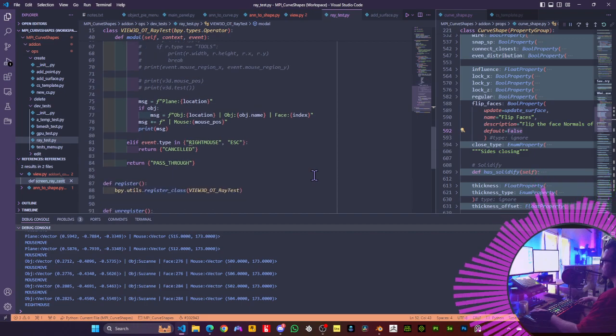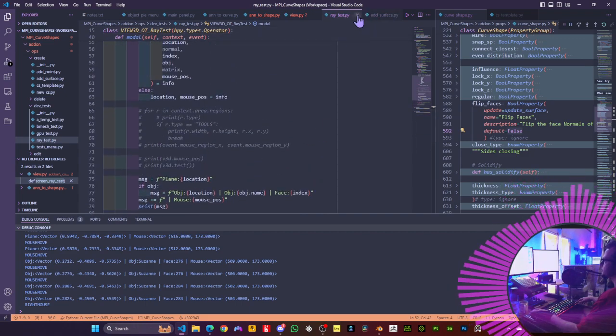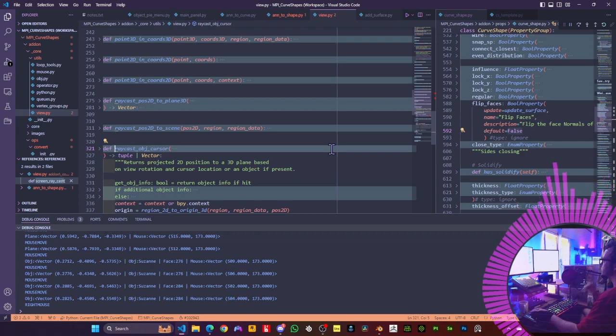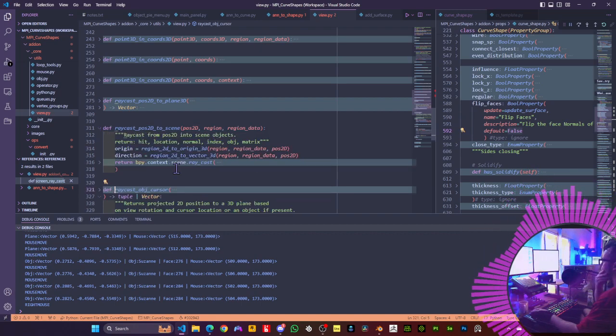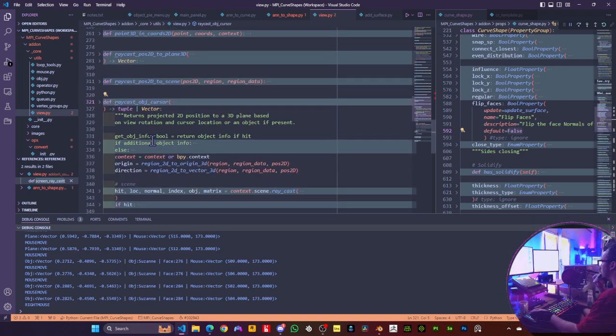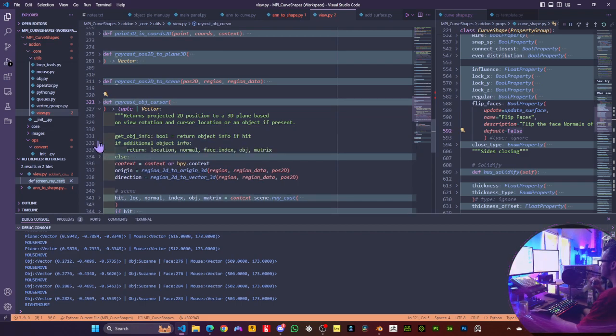Okay, so here I'm using mouse raycasts. Okay. Wait a minute, what does this one return first?